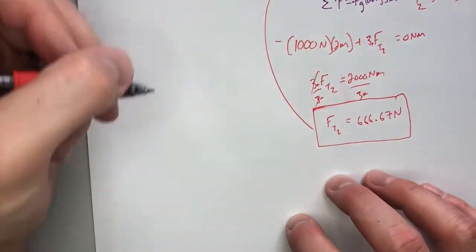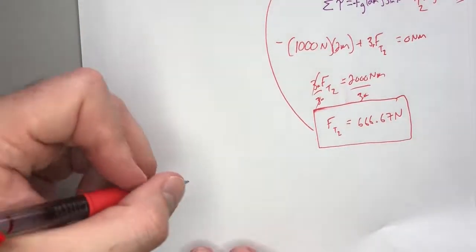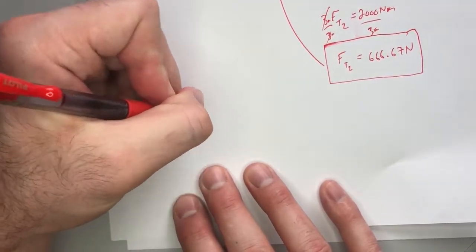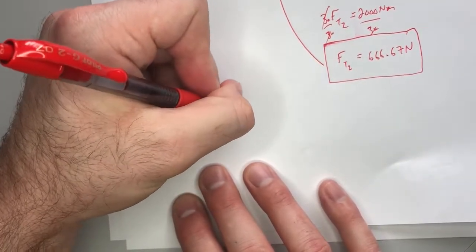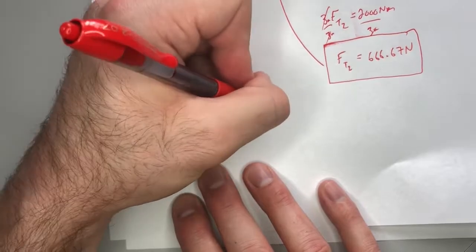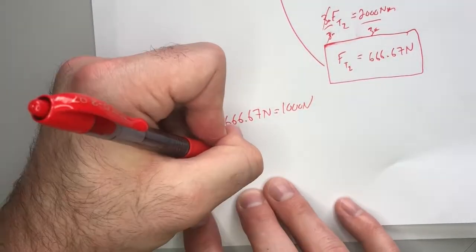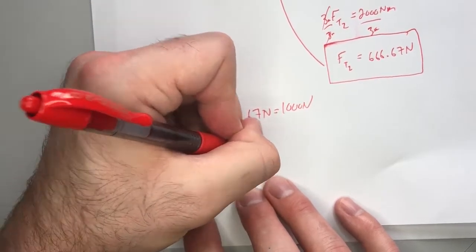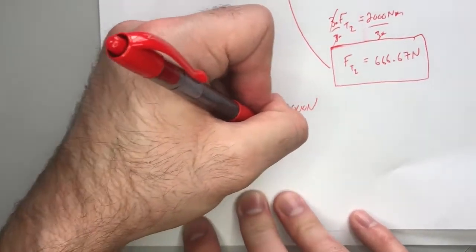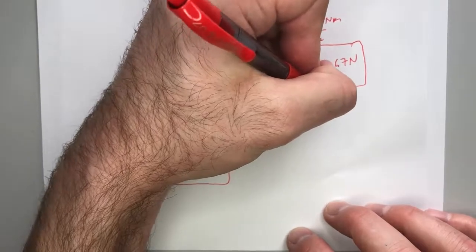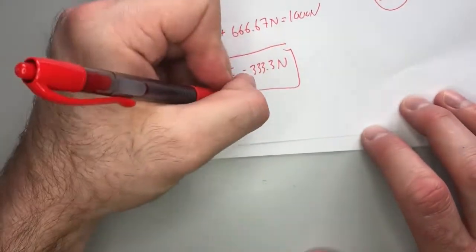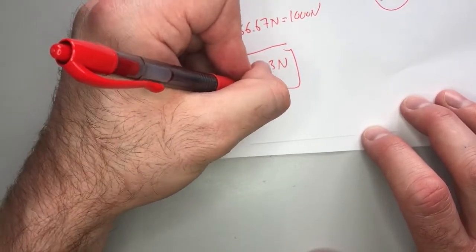Your reasoning says it's 333.33, but you can show it right now. FT1 plus 666.67 newtons equals 1,000 newtons. You found FT1 equals 333.3 newtons. So this is about 667 newtons. At least it's about 333 newtons if we just round to the nearest whole number.